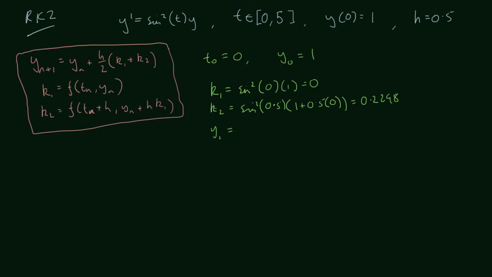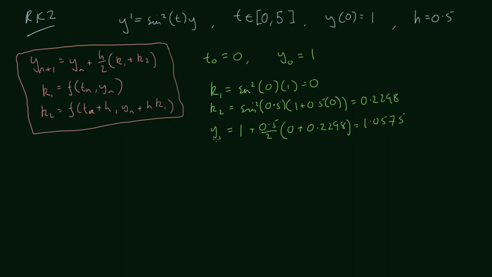Now we're going to use this to update the solution. So we have y_n, which is 1, which comes from here, plus our value of h divided by 2, multiplied by k1, which was 0, plus k2, which was 0.2298. If you do that sum, you get 1.0575.